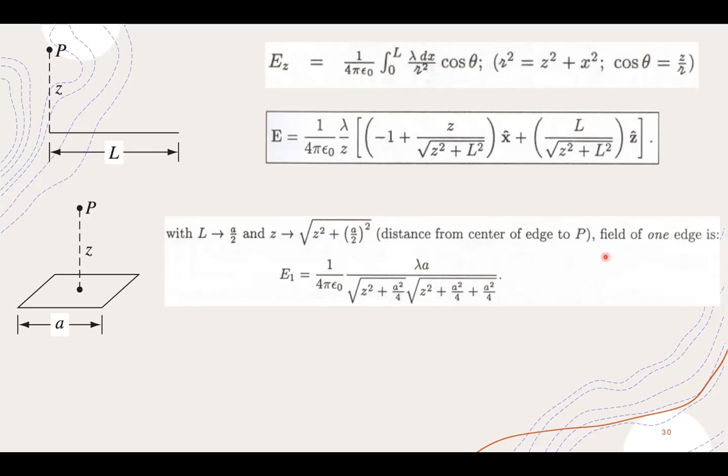And therefore the field of one edge is going to be given by E1 equal to 1 over 4 pi epsilon naught, lambda a divided by this expression. Okay, so you can do this by substituting these values in this expression.